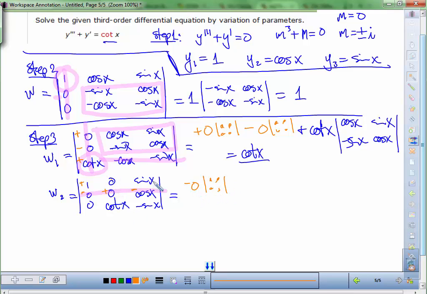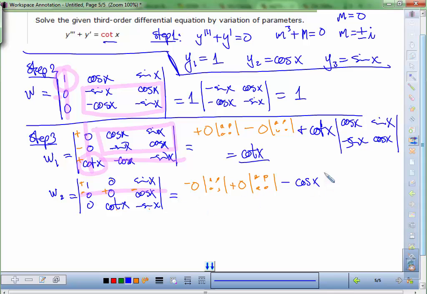But if you do care, it'd be 0, sine, cotangent, negative sine. And then my second one will be plus 0 times the determinant of another matrix that I don't care about because it's going to get multiplied by 0. And then the last one would be a negative cotangent. Nope, sorry, cosine.